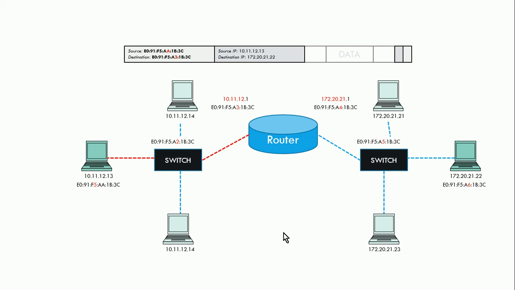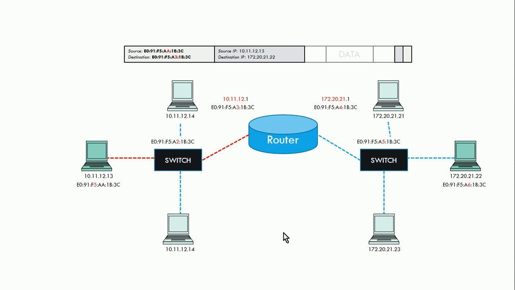So the way that works is your computer, since the switch only understands MAC addresses, keeps a small table called an ARP table, a list of all of the IP addresses and a mapping to the MAC address for all the nodes on the network that are directly attached to that switch.